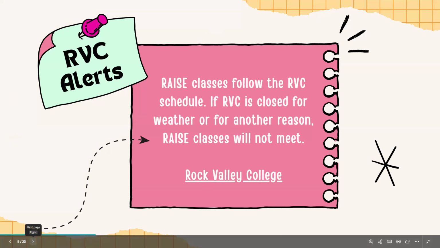And then as far as weather goes, if Rock Valley doesn't have classes, we don't have classes. If a school district cancels, but Rock Valley still has classes, the student is not required to come to Rock Valley for classes, especially because they probably won't have transportation on that day.